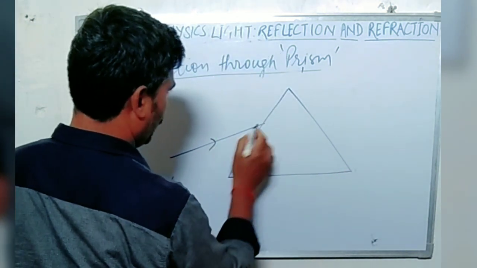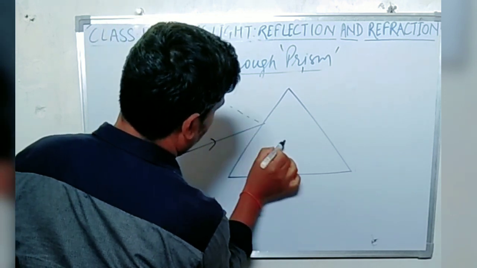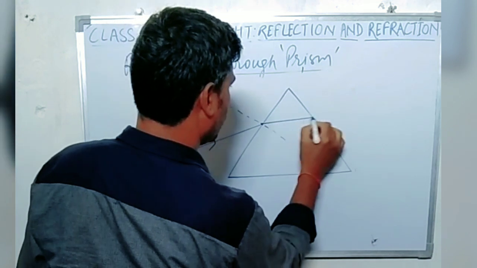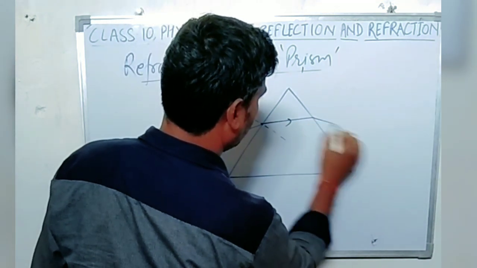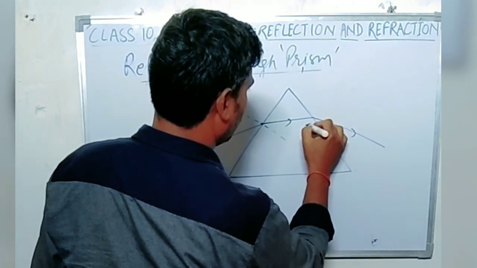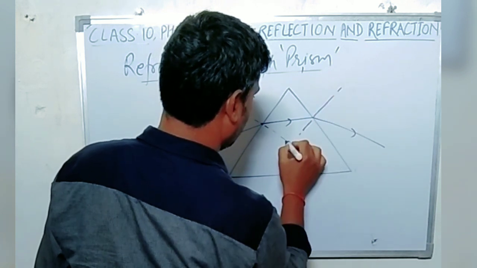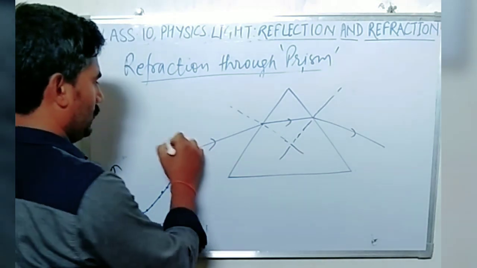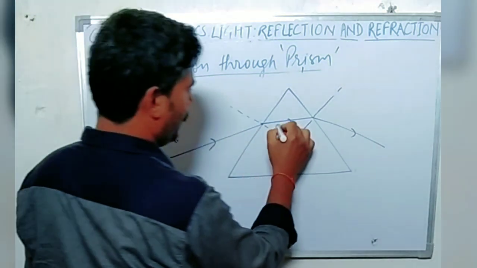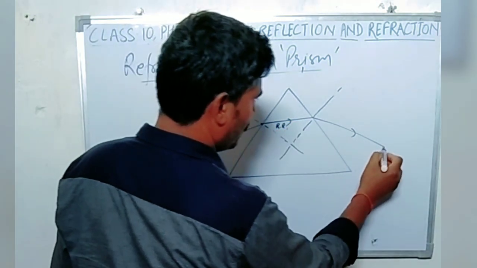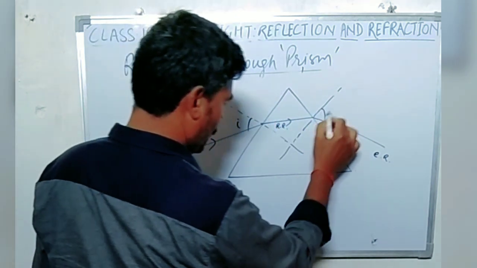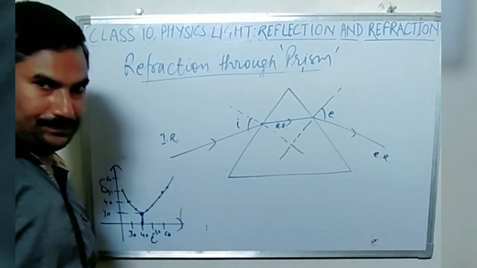This is the incident ray of light, the normal at the point of incidence, and thereafter this is the emergent ray. This is the normal to this. Okay. So this is the incident ray, this is the refracted ray, and this is the emergent ray. This is the angle of incidence and this is the angle of emergence.